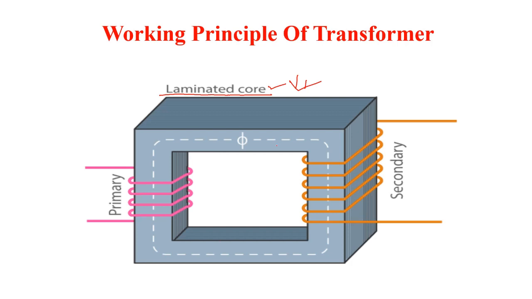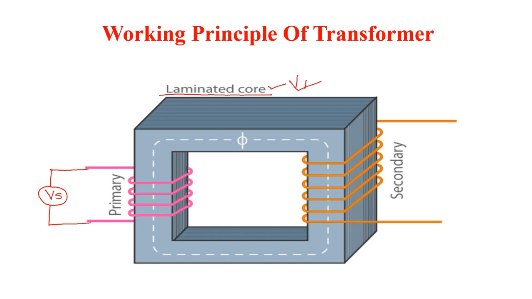This part is the transformer core. On this core, we place the primary winding like this, and the secondary winding like this. For the primary winding, we always connect the supply voltage. For example, Vs indicates the sinusoidal voltage, which we can also call alternating voltage.